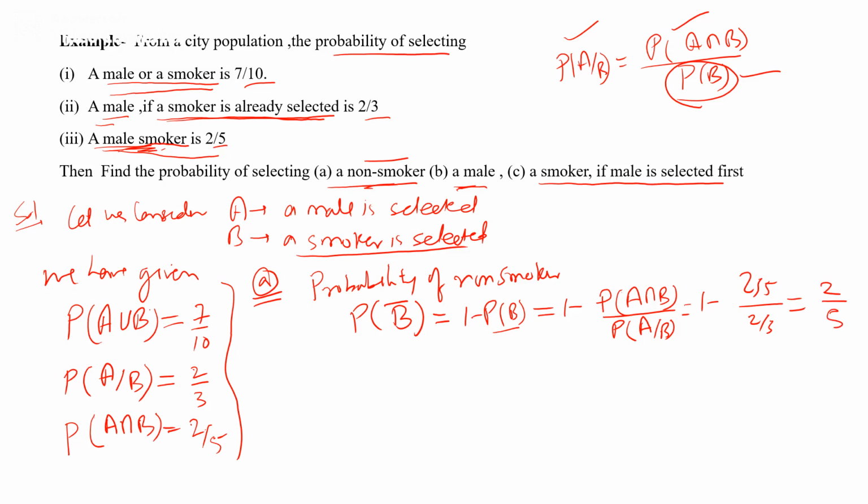Now the B part, we have to find a male. So it means we have to find the probability of A. Now probability of A, as you know the formula, probability of A union B is what?